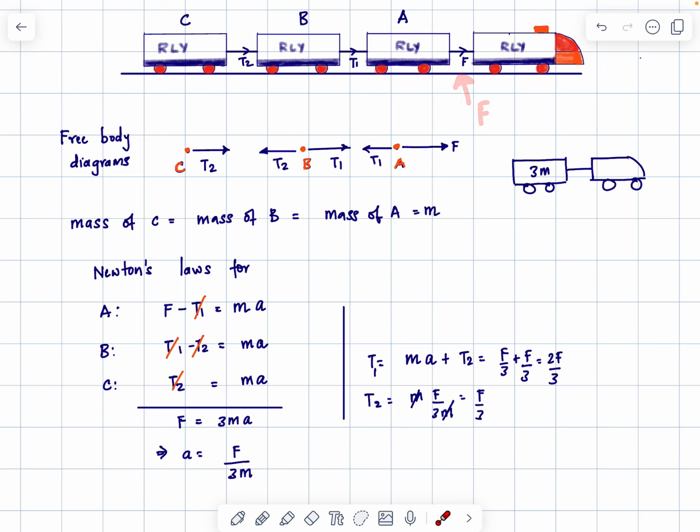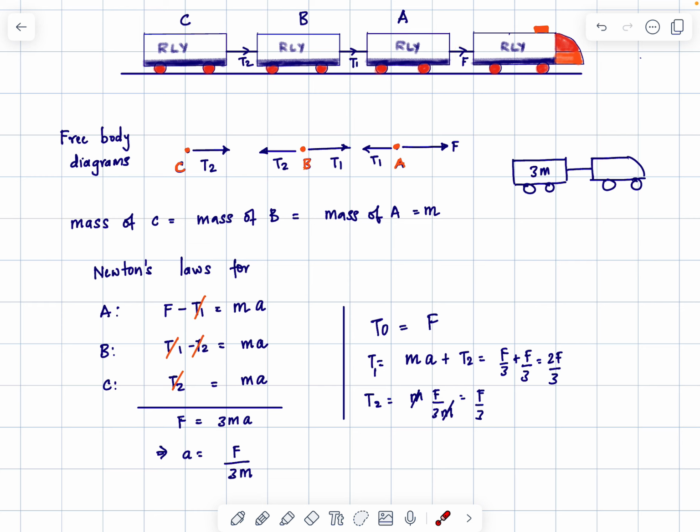In here we know that this force is F, so we can write T0 equals F. So what we see is that the tension in this chain is the highest, in this chain it is lower, and in this chain it is the lowest.